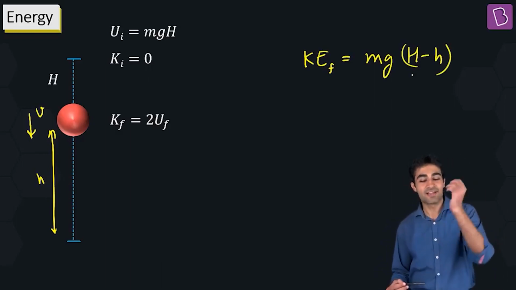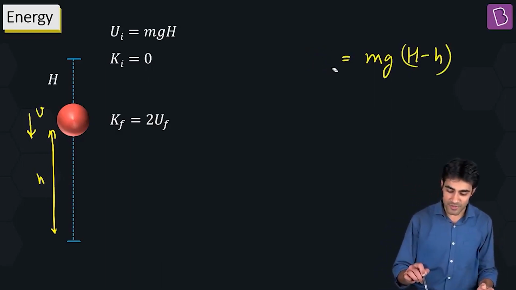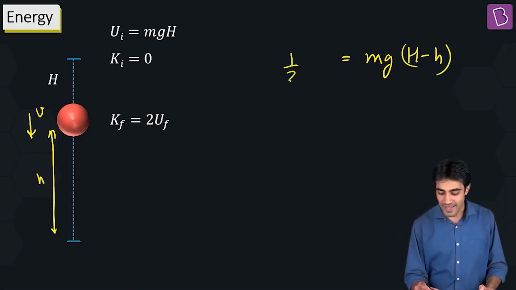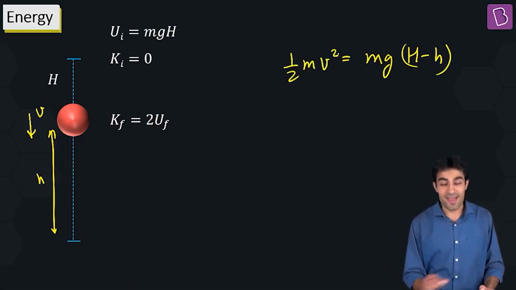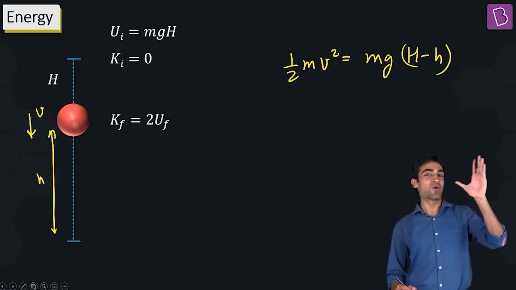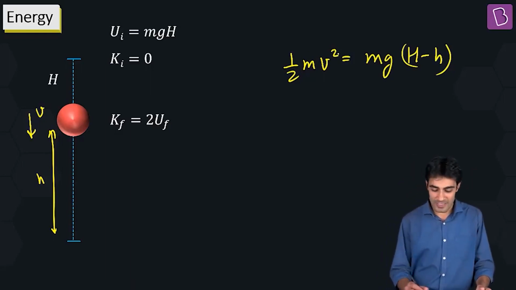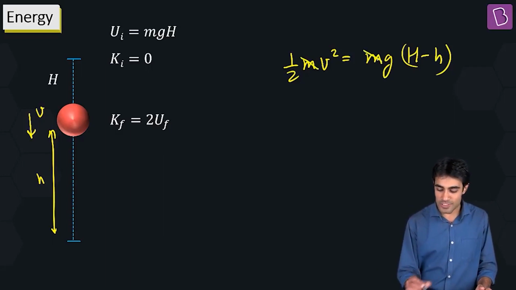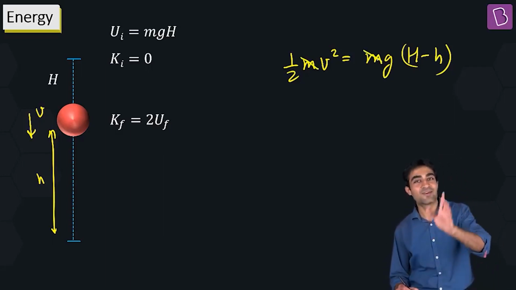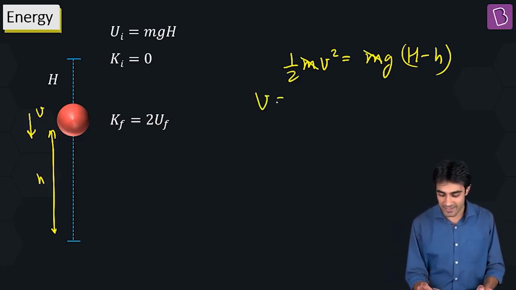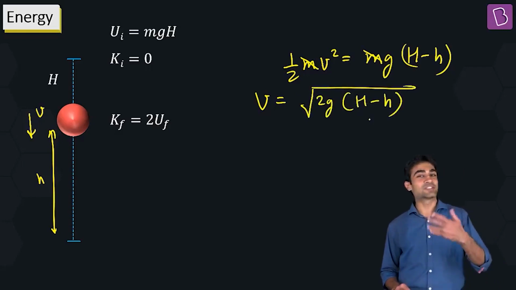Now the final kinetic energy at this position can be written as half mv squared. First of all, the mass is cancelling out, and the value of v we can get like this: the whole under root of 2g(H minus h). So simple.